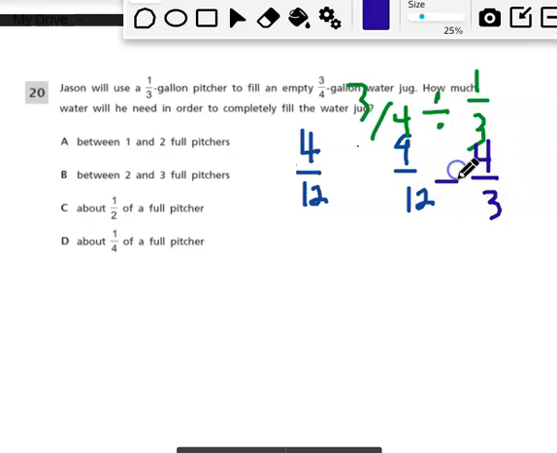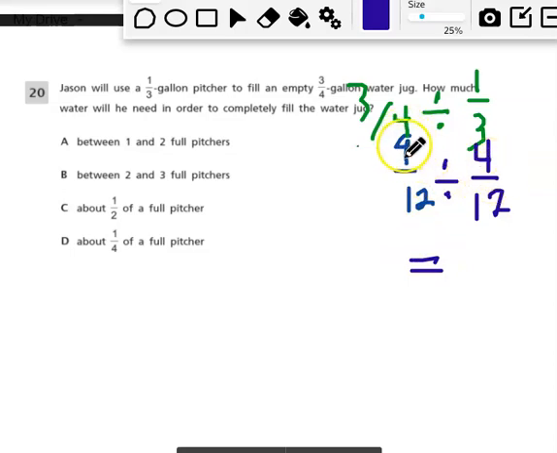Yes. Okay, and you're dividing. Now 4/12. So what's the next step you're gonna do? I didn't find the exact answer, but I just got a reasonable guess.